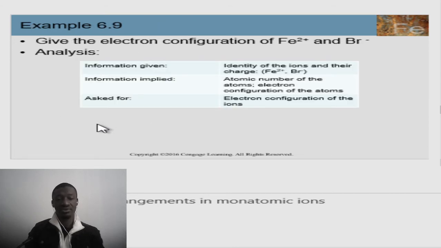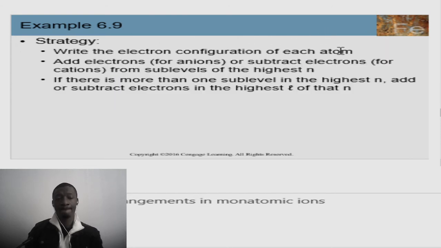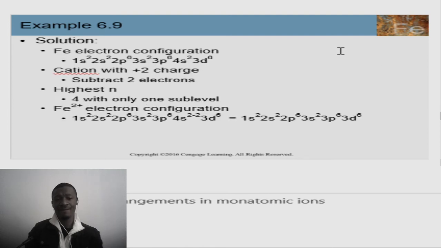So we go further. Give the electronic configuration of the iron 2+ ion and the bromide ion. You have this, and remember we said for this you remove, for this you add. Let's just go to it.